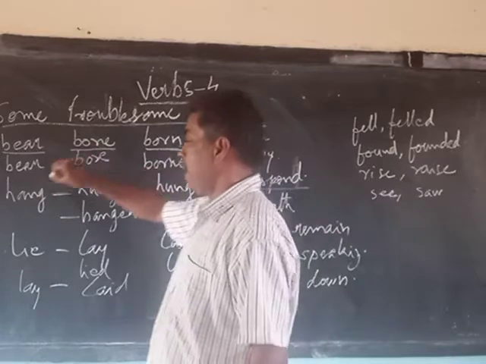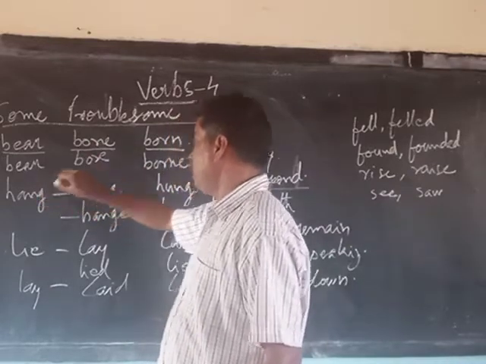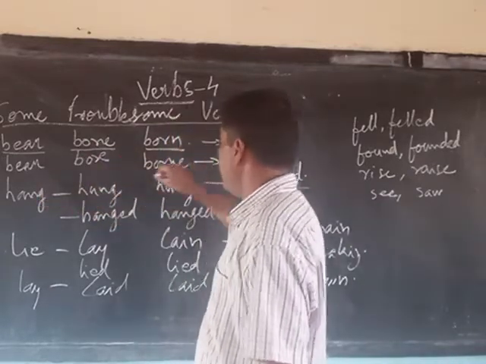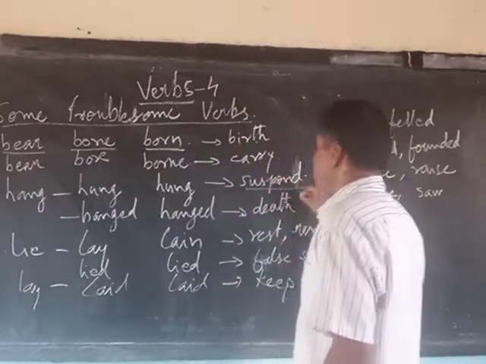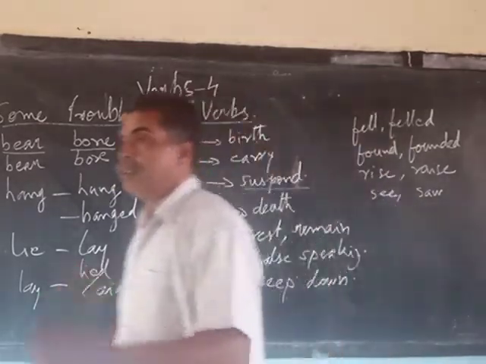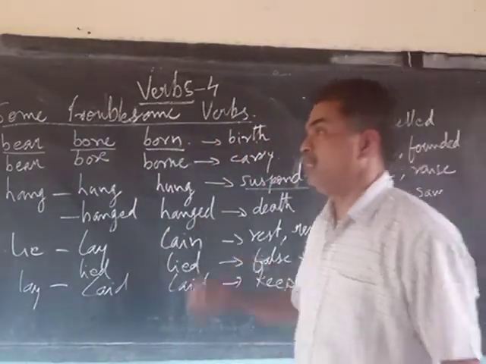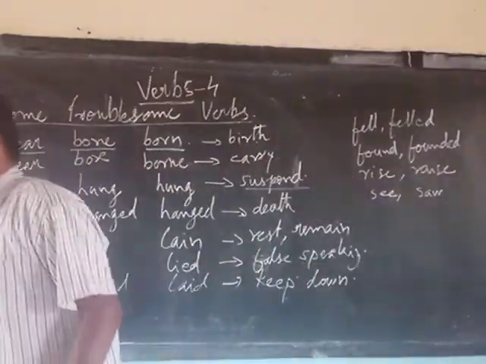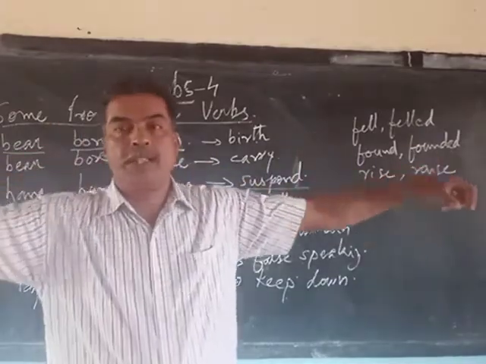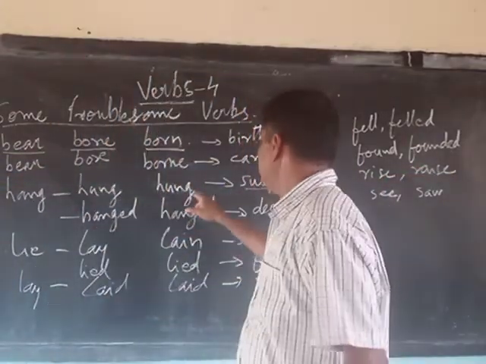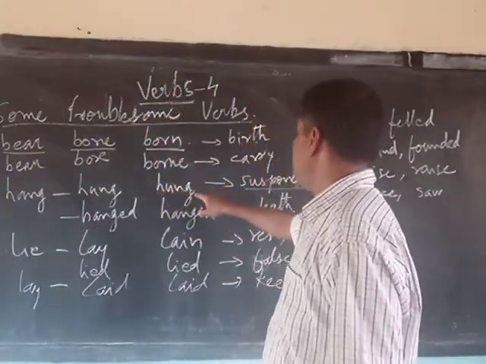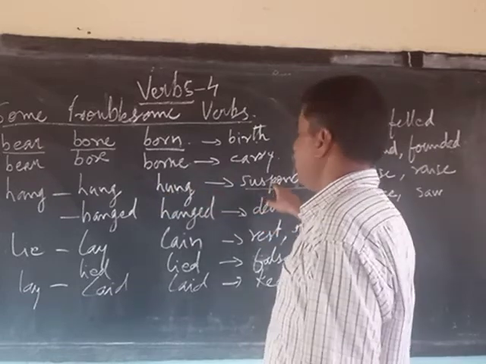Understand this? Hang, root form V1, V2 hung, and V3 hung, related to hanging something for drying or something like that. Or you can see in the exhibition grounds, color papers and all, they hang on a string. Hung, past tense and past participle, and that is what it is.